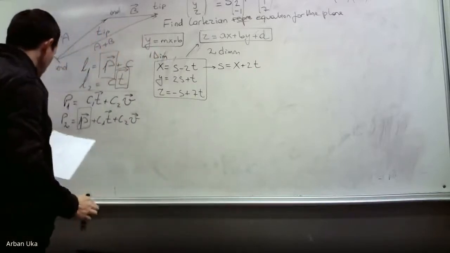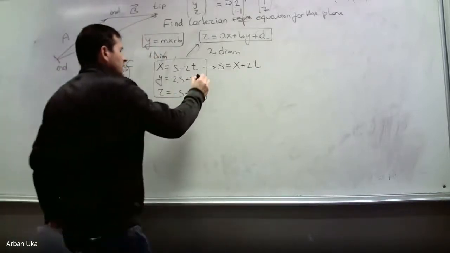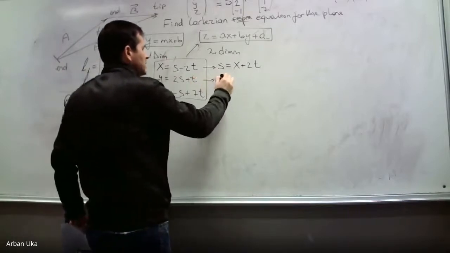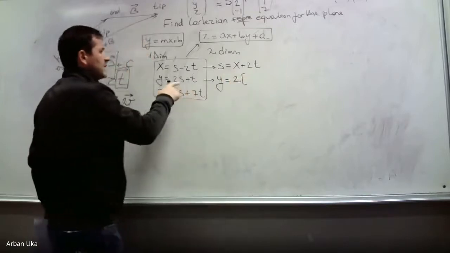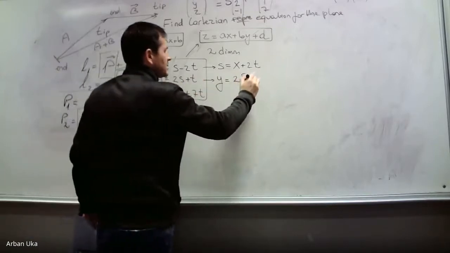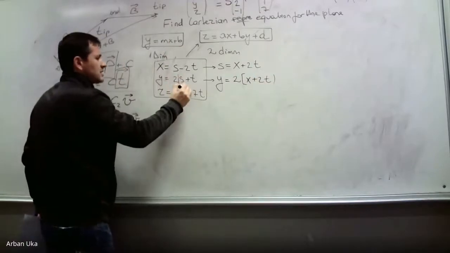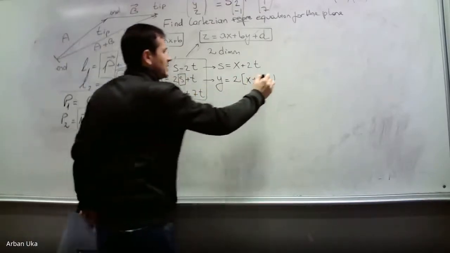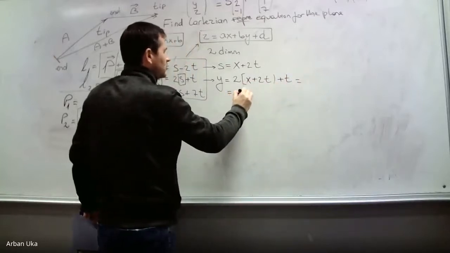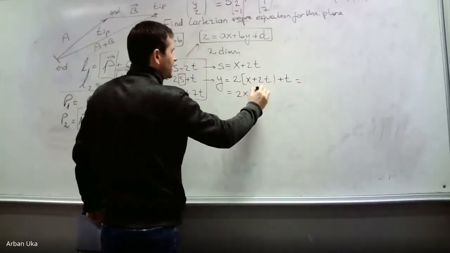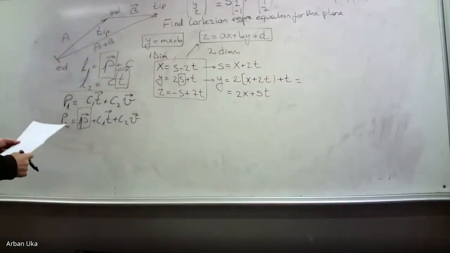And then once we have this, we can get that y is equal to 2 times s, where s is x plus 2t, so we are substituting this s right here, plus t again, which makes this equal to 2x plus 5t. So this is the y.